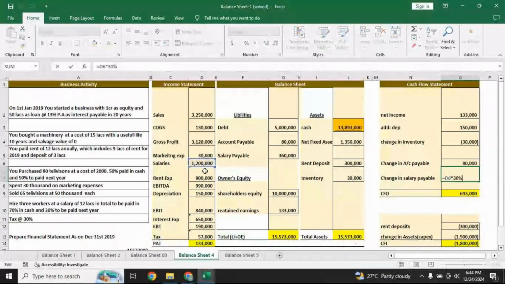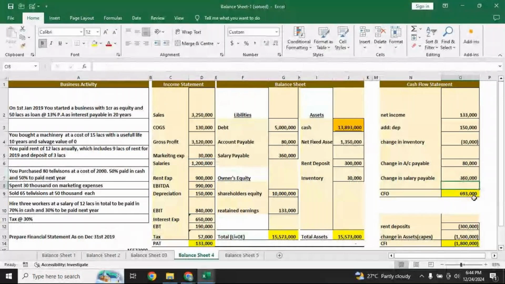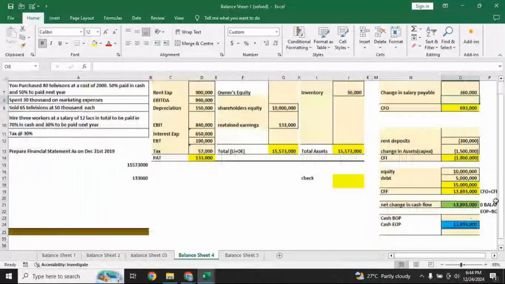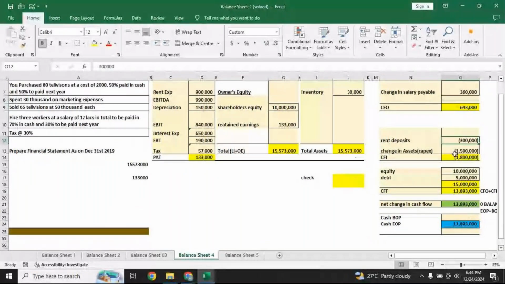So CFO. So it is cash flow from operations. So this will be 6,93,000. Rent deposit. So I have paid rent 3 lakh rupees. Change in asset, capital expenses. So 15 lakh rupees I have spent in order to buy the item. Okay, machinery. CFI, cash flow from investing activity. So when I subtract, I am going to get this.